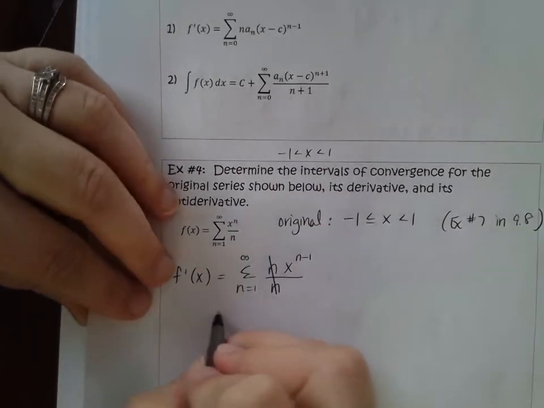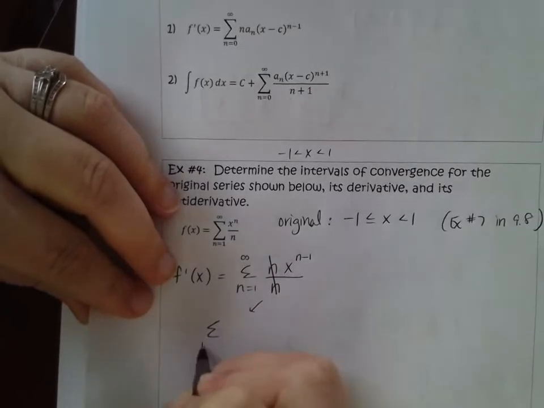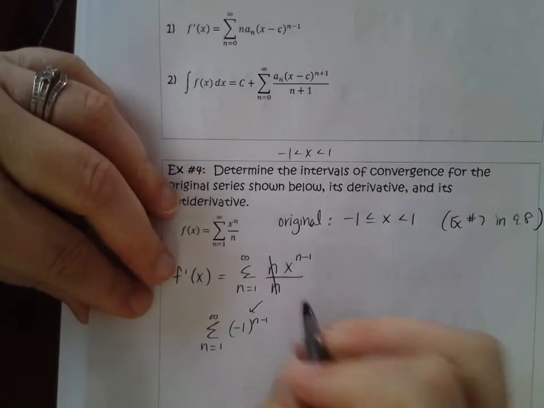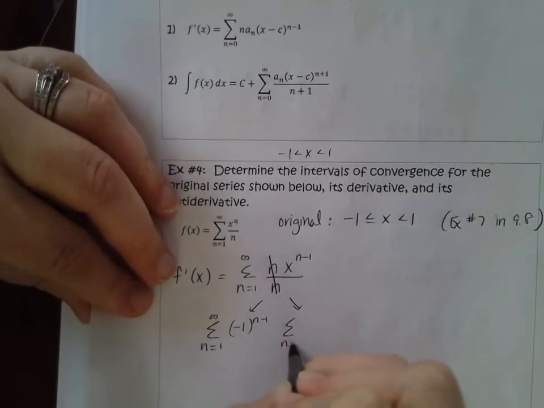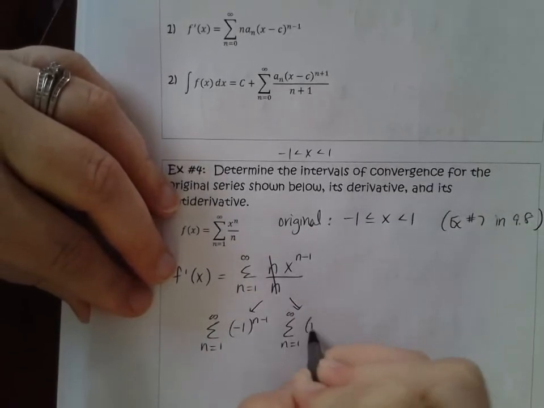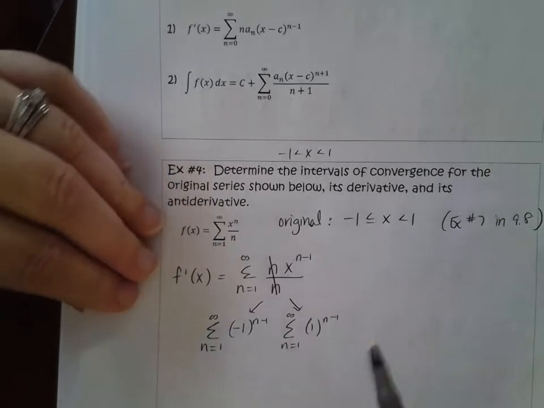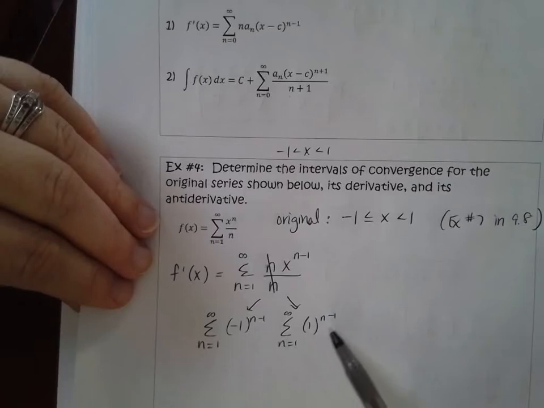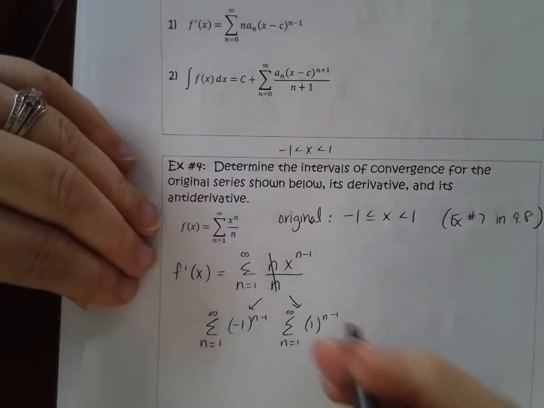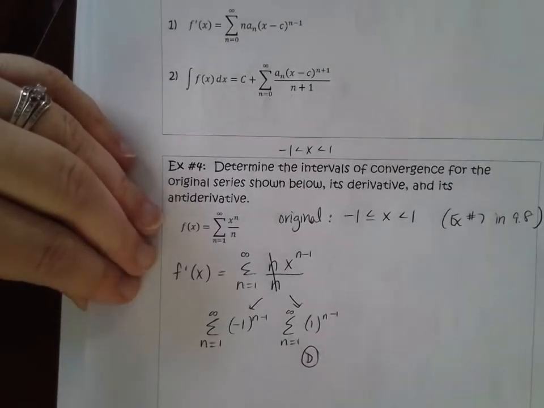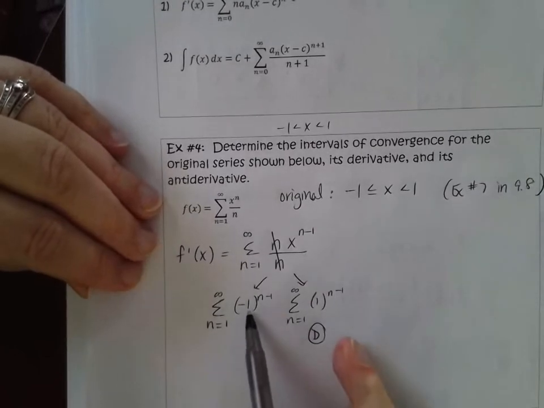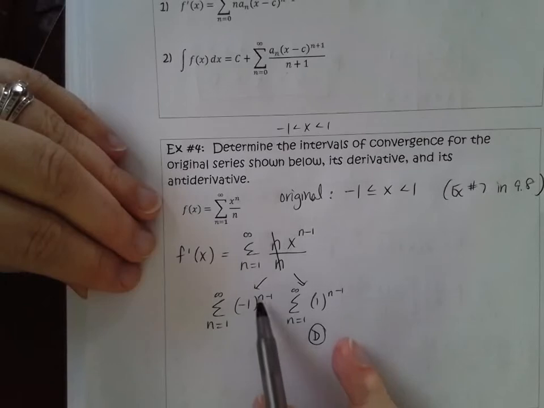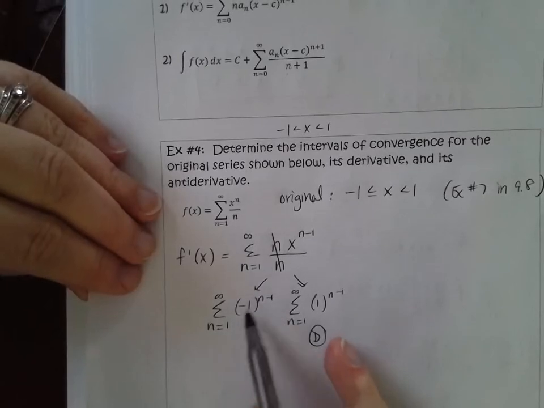So what does the series -1 to the n minus 1 give us? And what does this series +1 to the n minus 1 give us? Well, +1 is just going to be infinity. You're adding 1, 1, 1, 1 infinitely many times. So this side's divergent. And over here, if I'm taking -1 and raising it to the 0 power, and then I'm adding -1, +1, -1, +1.